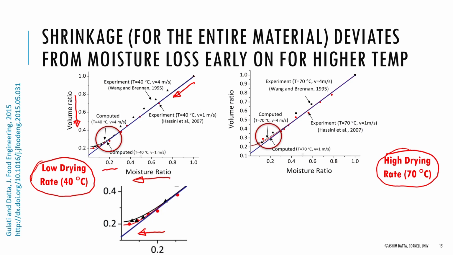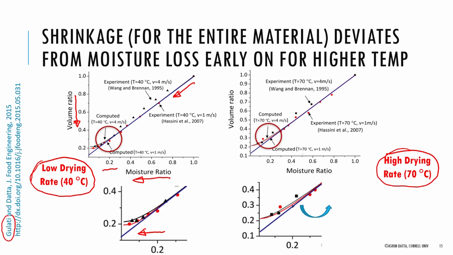So, for faster drying, shrinkage near the surface deviates earlier from ideal shrinkage, becoming hard and glassy and leading to more case hardening at the higher temperature drying. Even more details of this physics are explained in the original work of Dr. Gulati that you can read up for further details.